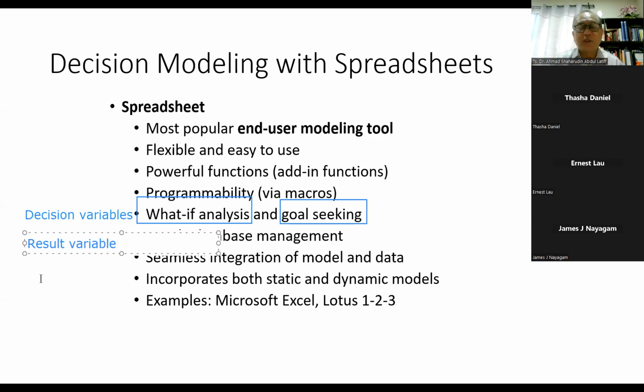Which one begins with what-if analysis? Where do you begin, with result variables or decision variables? If we do what-if analysis, where do you begin?